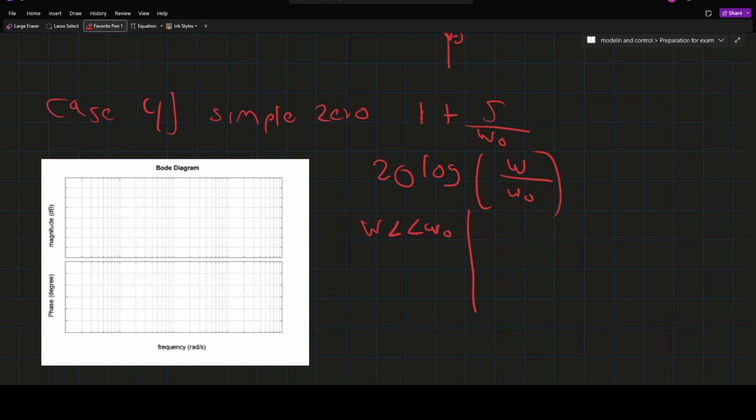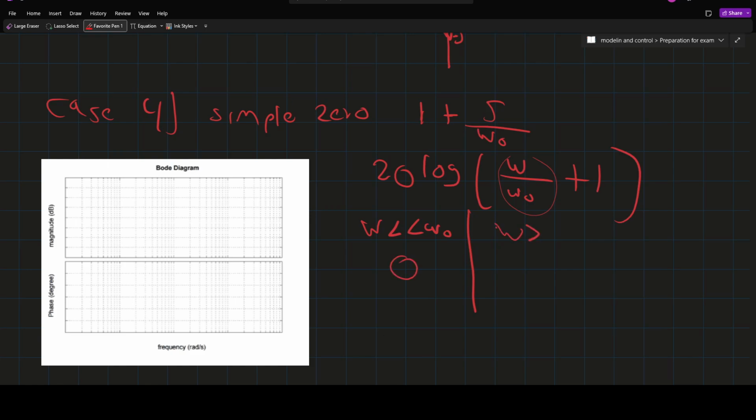So when we have 20 log of, yes, I'm forgetting to put here the plus 1. So when this becomes 0, we are just going to have log of 1, that is going to be 0.